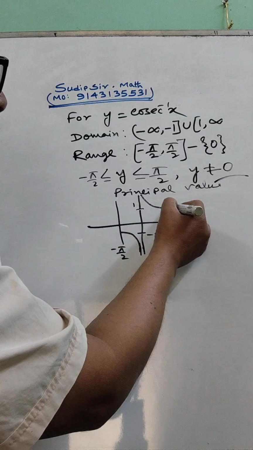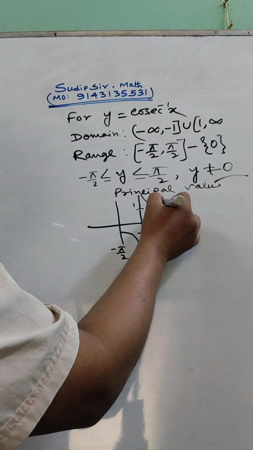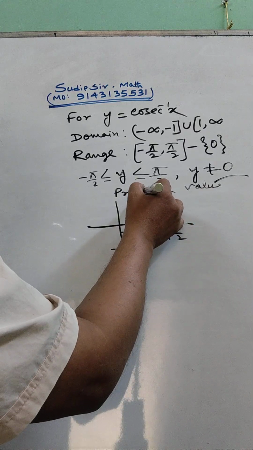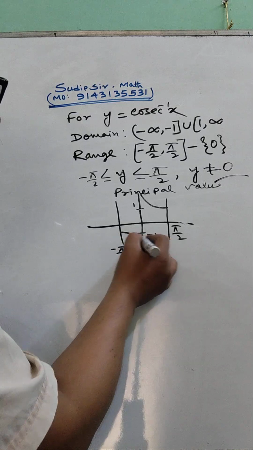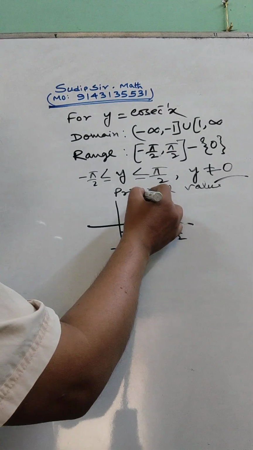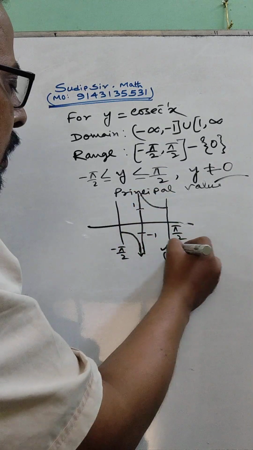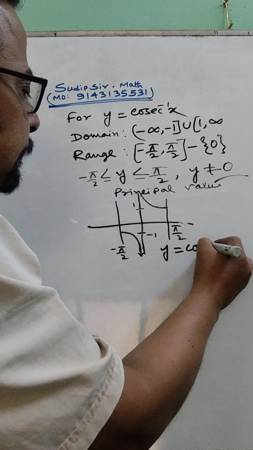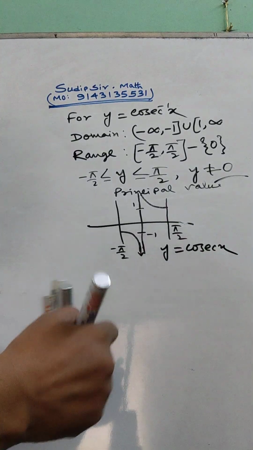Cosec pi by 2 is 1, and from 1 it goes up to infinity, and cosec minus pi by 2 is minus 1, and this tends this way. This is y equal to cosec x.